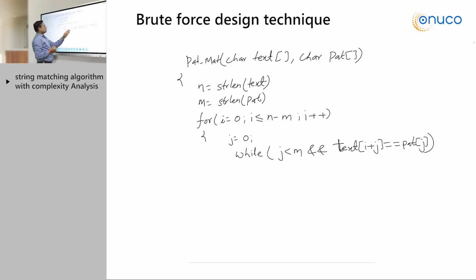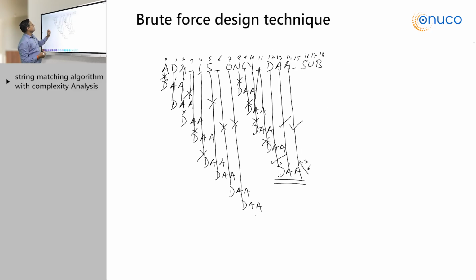While j is less than m, the j pointer must be lesser than m, and text of I plus j is equal to pattern of j. If both conditions are true, condition one j less than m, condition two text of I plus j is equal to pattern of j, then j will increase. J plus plus. And we have seen that if the pattern is matching, we increase the pointer. In this case, D and D were matching, so we are increasing the pointer.